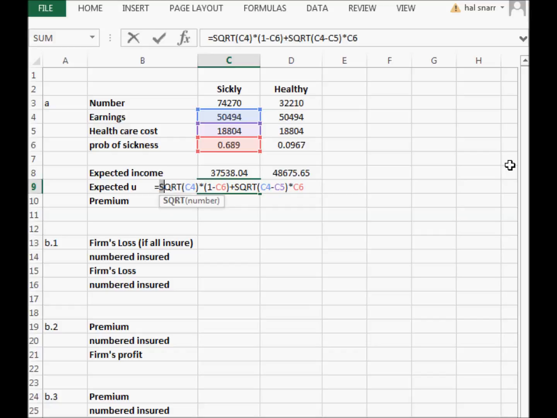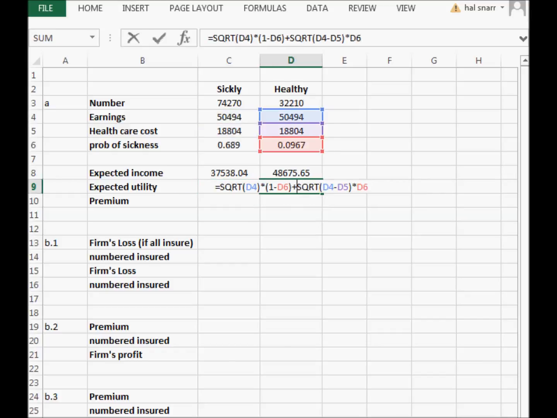So we first take the square root of earnings and then multiply by the probability of not getting sick. If we get sick, we have to take the square root of the difference in the cost of getting better and our earnings and multiply that by the probability of getting sick. And we do the same for healthy.